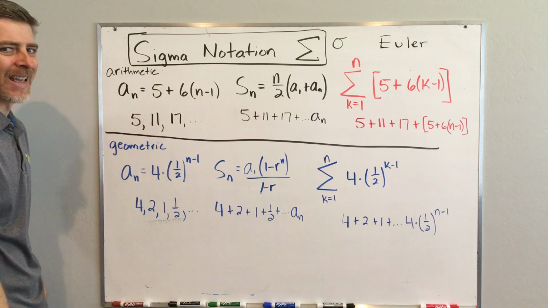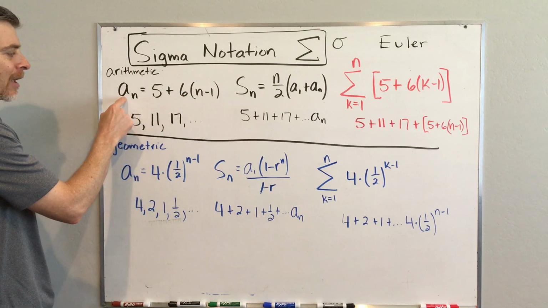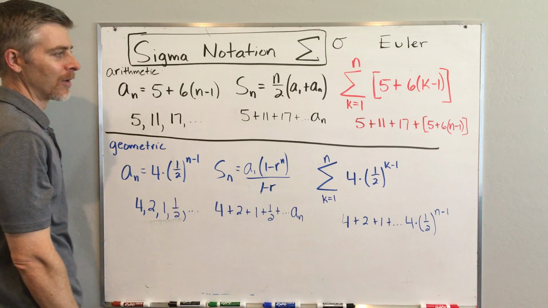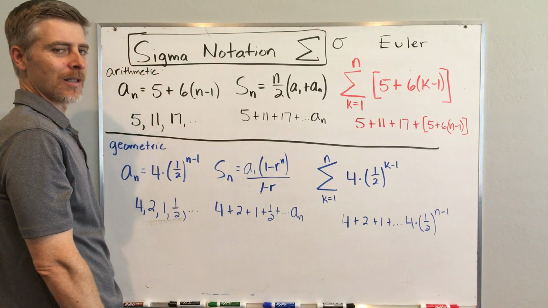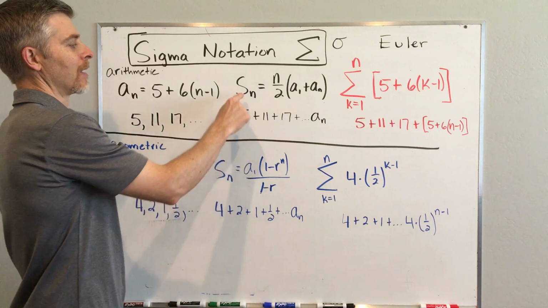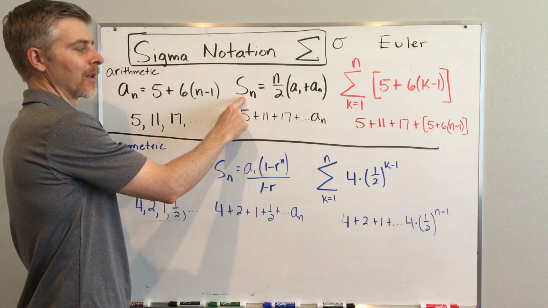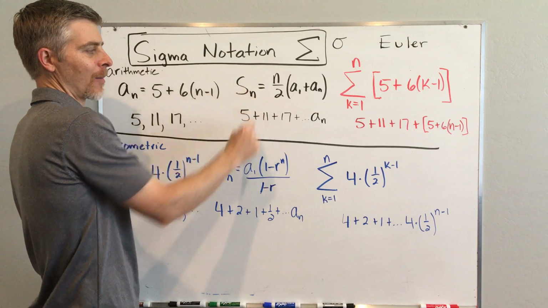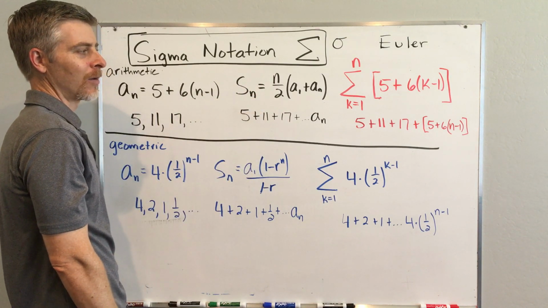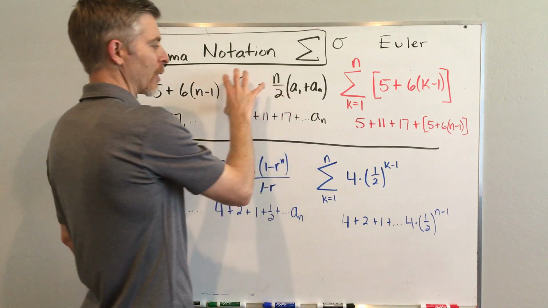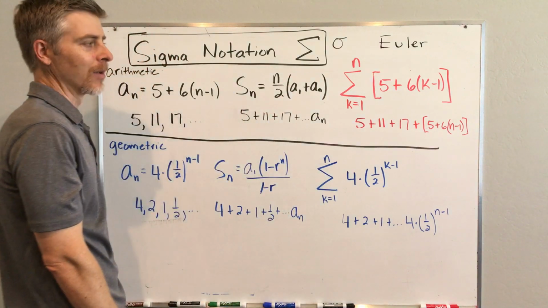That'll give me the nth term. And we call this a sub n notation. If I want to add up all the terms in the sequence, that's called a series. Here's our series formula with s sub n notation. So all sigma notation is doing is replacing s sub n notation.